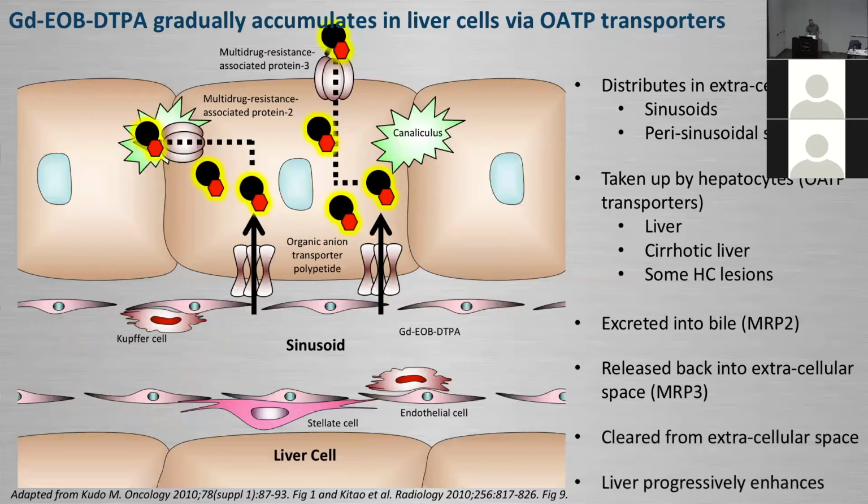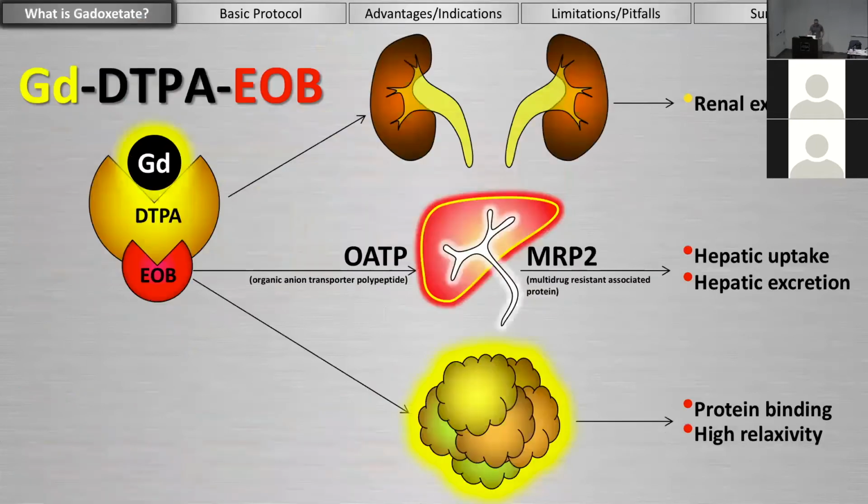Because notice that it's been cleared from the extracellular space. And we might imagine then that if we give this contrast agent after a long amount of time, the liver will be quite bright because the liver cells are everywhere in the liver, but the blood vessels eventually will be dark because this contrast agent gets cleared from the blood space.